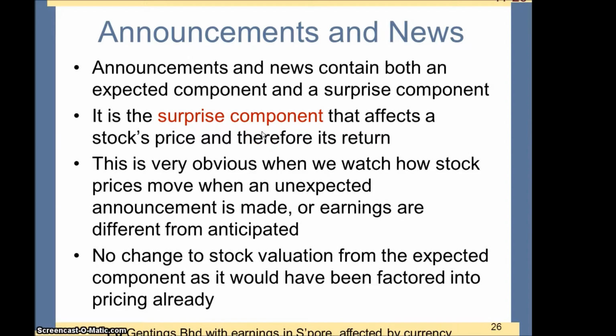Or surprise component in the stock price, right? So for example, the announcements or the news that the company could make when you are holding the stock. For example, suddenly there's an announcement saying that the project of this stock has failed. So this is called the unexpected component or surprise component.